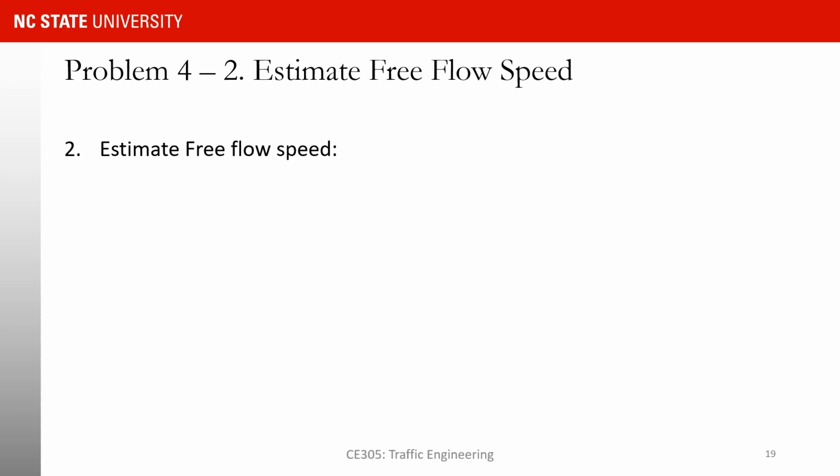Let's estimate the free flow speed. We are going to use the equation that we have. So free flow speed is equal to 75.4 minus F sub LW minus F sub LC minus 3.22 into total ramp density to the power of 0.84.